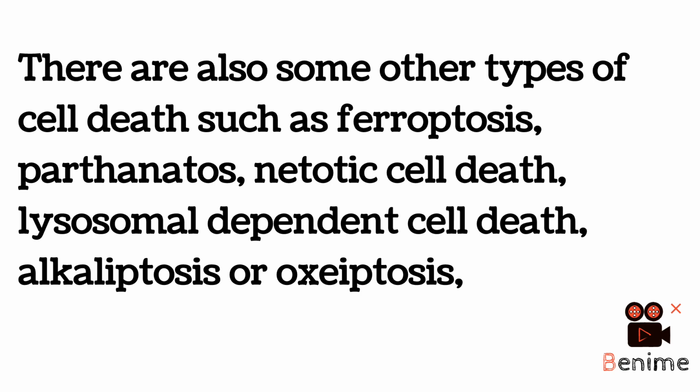There are also some other forms or types of cell death apart from these, such as ferroptosis, parthanatos, necrotic cell death, lysosome-dependent cell death, alkaliptosis or oxeiptosis. You should also know the differences and how you recognize these types of cell death.